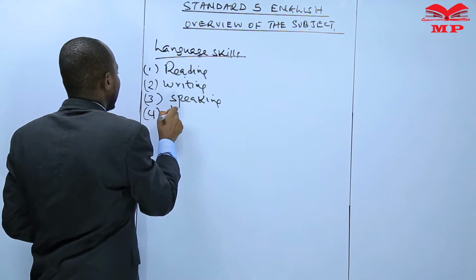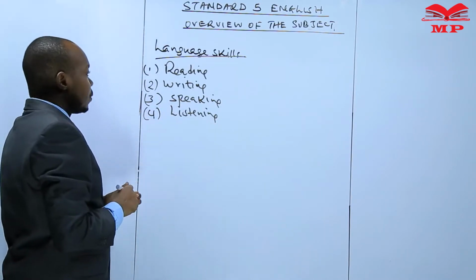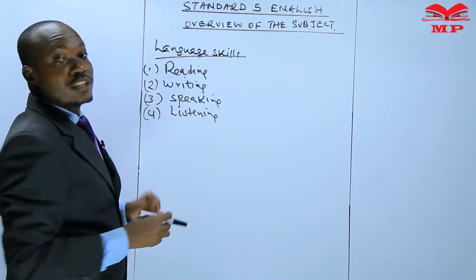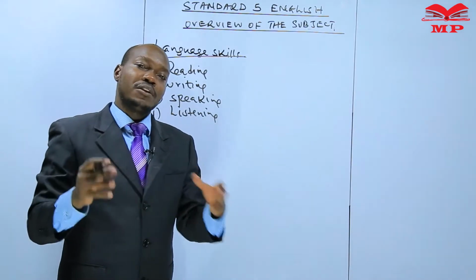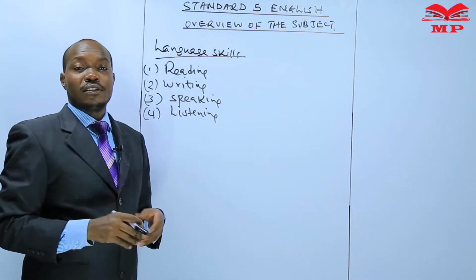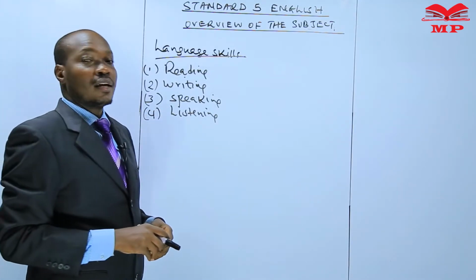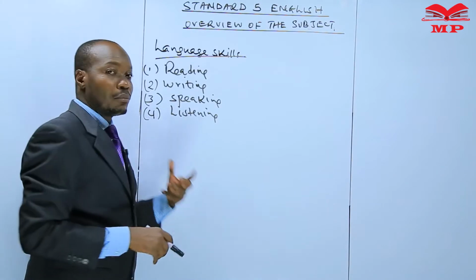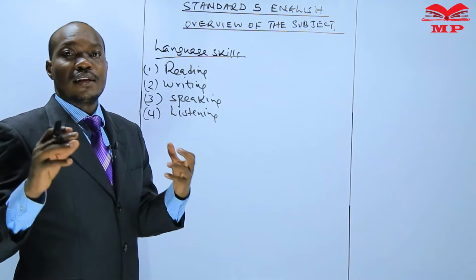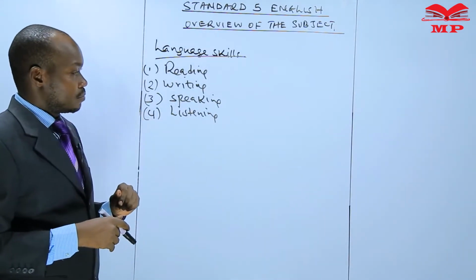And number 4, listening. We're going to study all these. We need to know how to read a book or even a newspaper. We need to know how to write letters, journals. We need to know how to speak that language. And then lastly, we need to be able to listen to any material and then understand the language, all right? So we learn 4 skills.